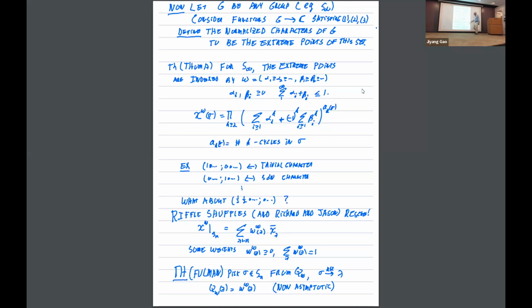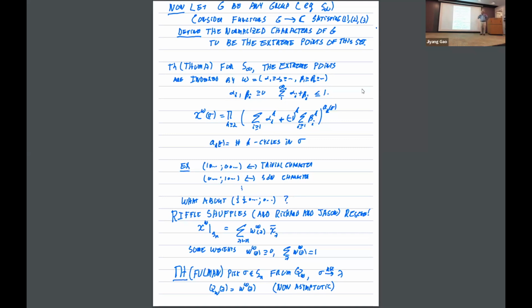These weights are non-negative and sum to 1. And the theorem of Jason Fulman, which I find wonderful and interesting and remarkable, is: pick sigma at random from that measure, Richard's measure, q sub omega, and change sigma to lambda by RSK. The chance that the measure assigns to lambda is exactly the weight. It's not asymptotic, it's equal.